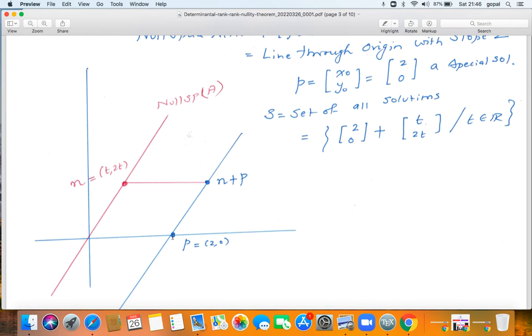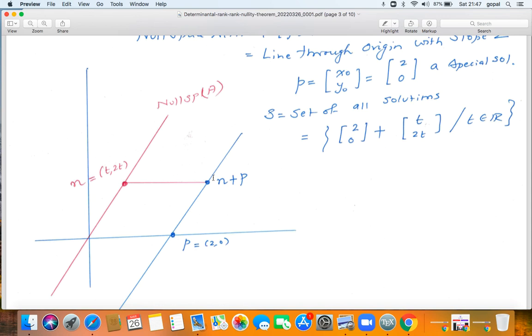What does the theorem say? To get the general solution, I have to add to this P every element in the red line. What is the typical element of the red line? It is a line with slope 2, so it is (t, 2t). So I must add (t, 2t) to this specific solution (2, 0).